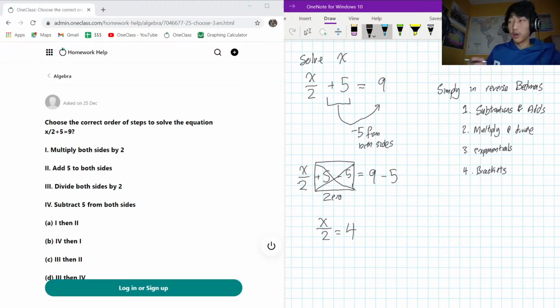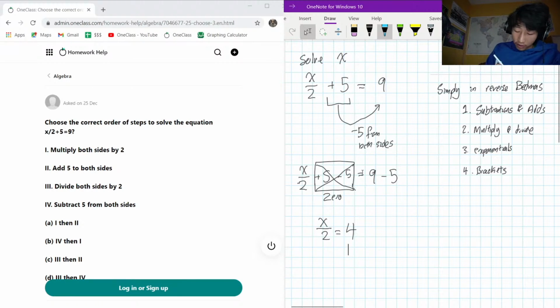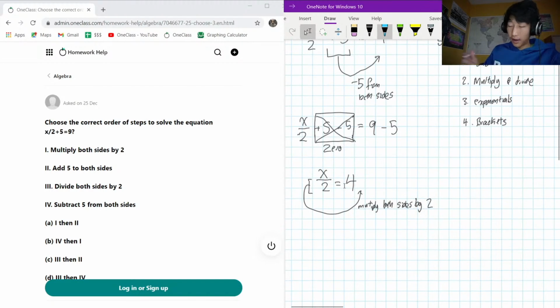Okay, so after this, what we want to do is bring the 2, multiply both sides by 2, and we will have a situation like this. So we'll have 2 times x over 2 is equal to 2 times 4.